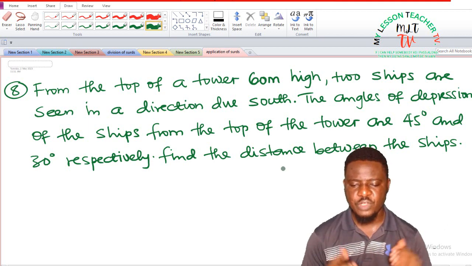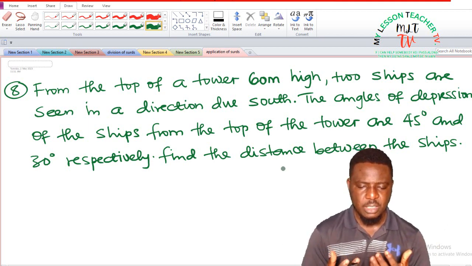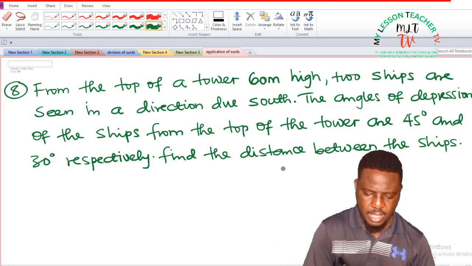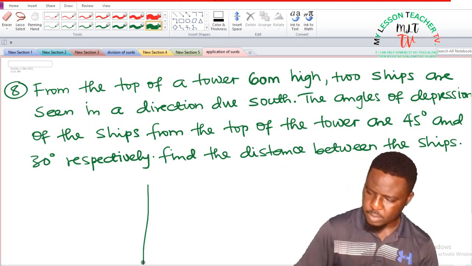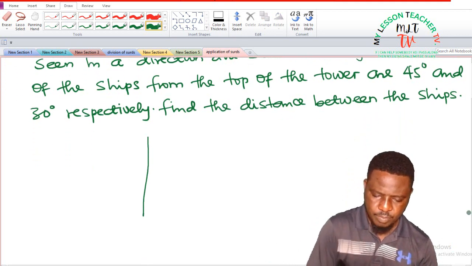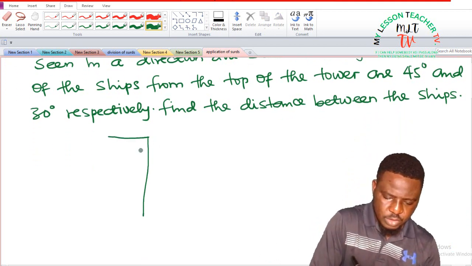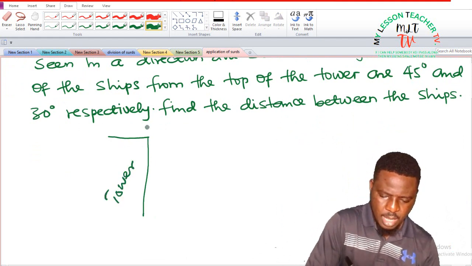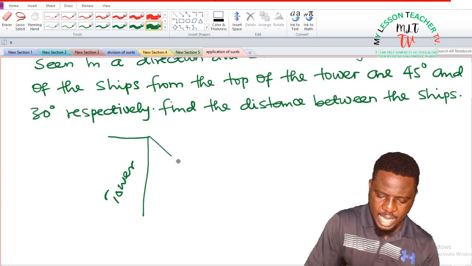While reading the question, I have been able to visualize the problem, and that gives me an edge in solving the problem. If this is said to be the tower, let's take this to be the tower. I'm on top of this tower, and from here you can visualize two ships.